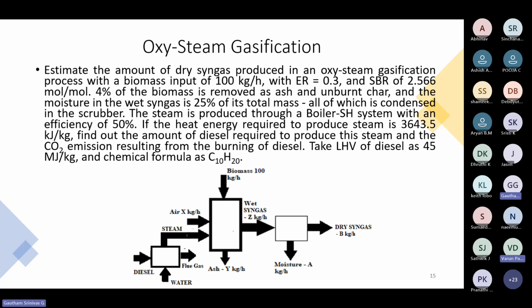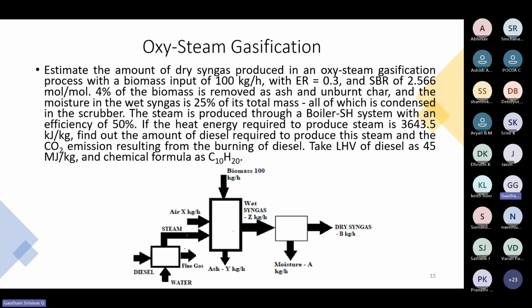So this is per kg. Now you have already calculated how many kgs of steam are required. So you can calculate total kilojoules required for this stream. Now I have given you the 45 megajoule per kg. So for diesel, if you burn 1 kg of diesel, you're producing 45 megajoule. That is the input here. The efficiency is 50%.